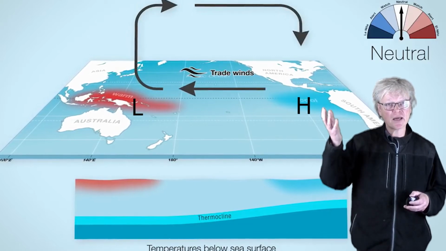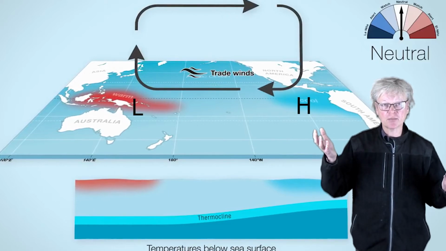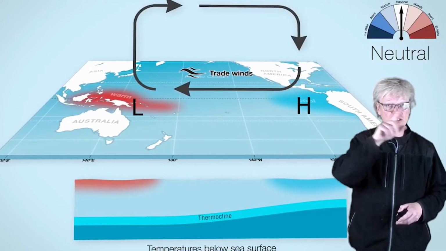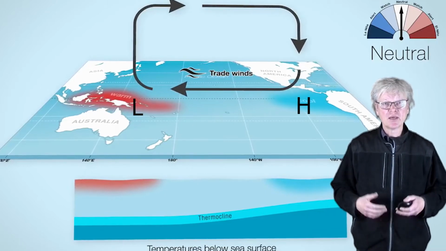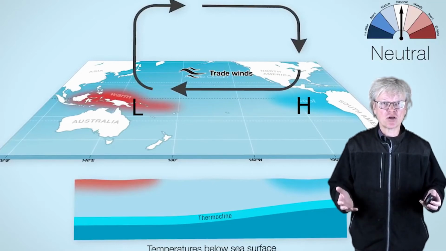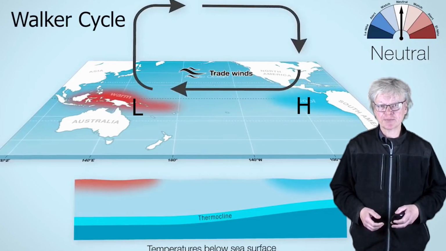So you have rising air off the east coast of Australia and falling air over South America. Again, we have that typical convection cell that we've seen at different scales throughout this part of the subject. We call that a normal phase because this is what occurs 50% of the time, and that cycle is called the Walker cycle, named after the person who discovered it.